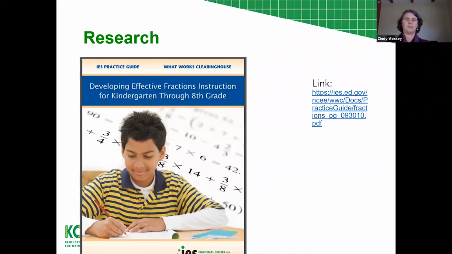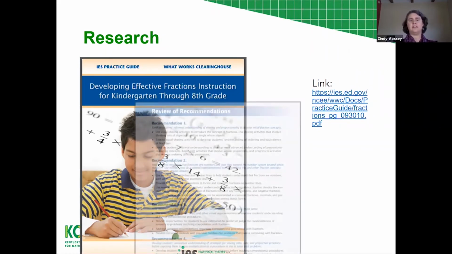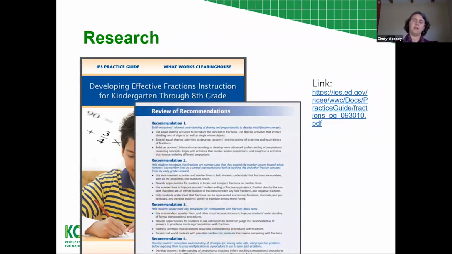We have studies after studies and decades of information that really shows that just an unfortunate number of people don't have that grounding and understanding of fractions as numbers, understanding the size of fractions, understanding fraction operations. So we need to do something different. It has to change. And so this research tells us what that should look like, how it needs to change. And that's laid out into 5 different recommendations of changing our instruction.